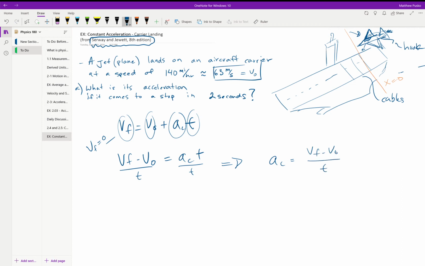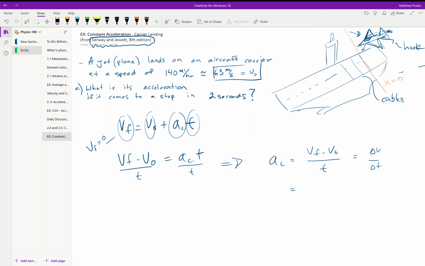And that's a definition we already knew, right? You can always find multiple ways to get back to one definition, but this is literally change in velocity over change in time. They gave us the time, so it's not a delta t really, it's just a t. So plugging in our values, it hits the deck at 63 meters per second and it comes to a stop.